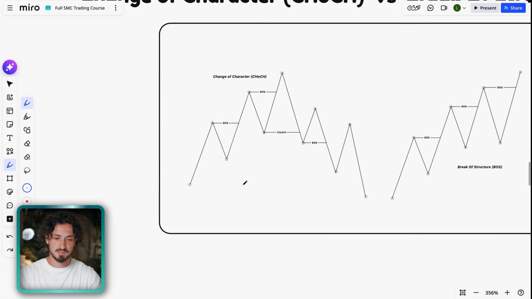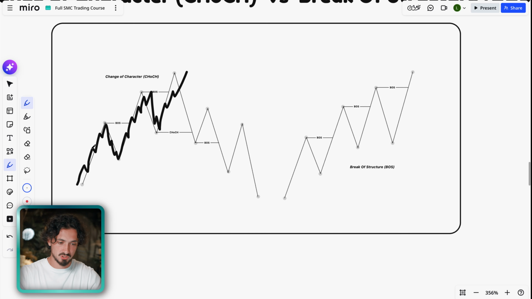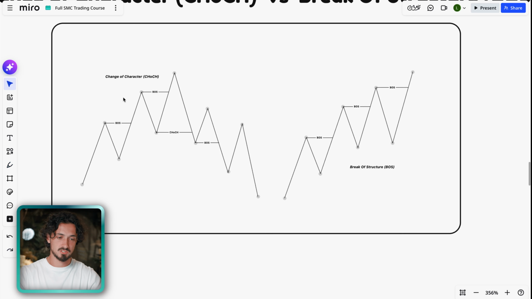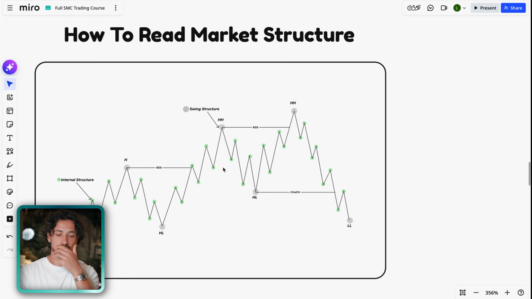When we're looking, for example, at this, these are swing structure points. Inside of this price action, it's very likely that you might see this. And when you do see this, it's very important that you don't try and trade these little points, because this is all internal. So very similar to what I just showed you, internal structure can be found inside of the price leg.